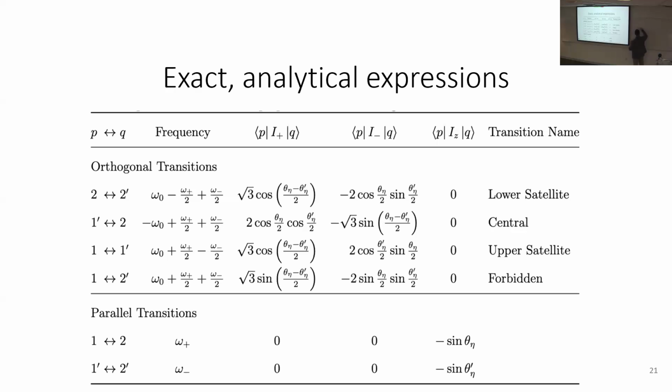So for example, this is just what we defined. All we're really saying is that the way we define this, it's proportional to Vxx minus Vyy over, I think, 2 omega 0 plus omega q, something like that.